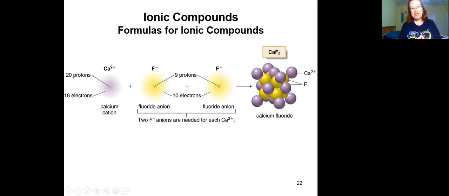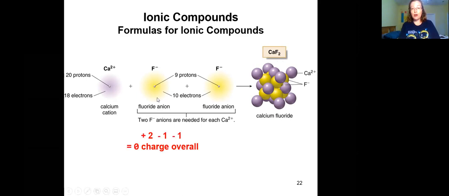Now calcium's happy, he's a positively charged cation. Those fluorine atoms that now have a negative charge, they're happy, and they're going to be attracted to each other. It'll be a ratio of 1 calcium ion to 2 fluorine ions. Fluorine ions are known as fluoride ions.